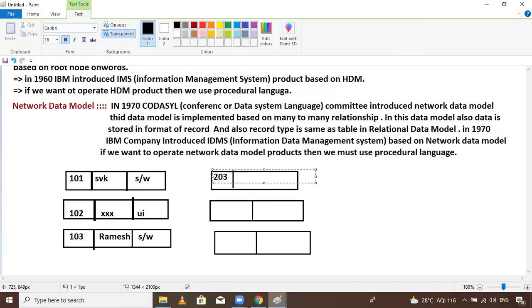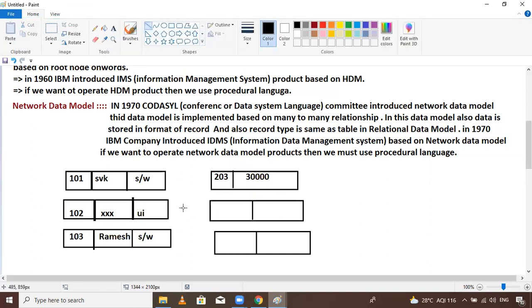In the two node three, total income is 13,000. Then these two network tables relate to this table. A single table relates to multiple data.